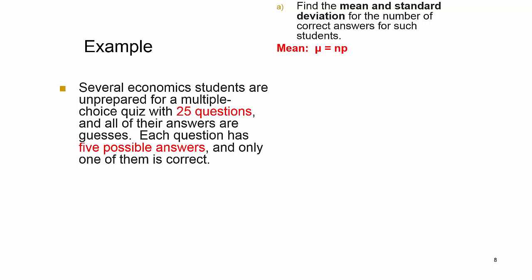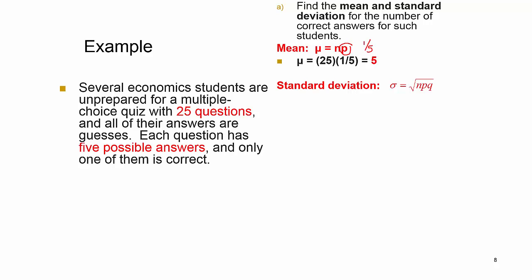So the mean is mu equals n times p. So n is 25 total questions, and p is the probability of success. So the probability of guessing correctly, since there's 5 answers, is 1 out of 5. So 25 times 1 out of 5 is 5. So we would expect on average that you would guess 5 correct.